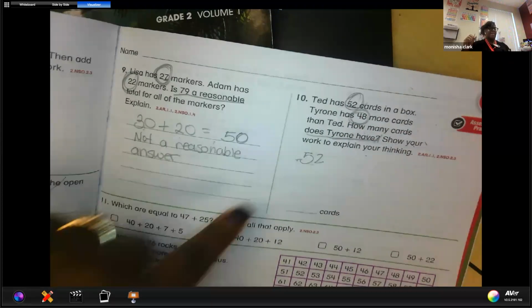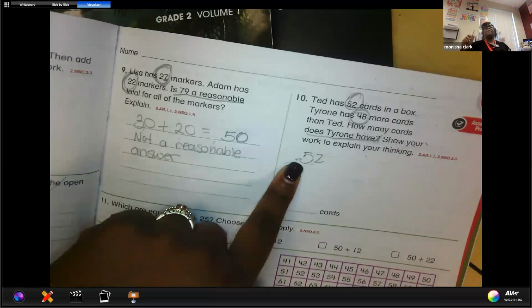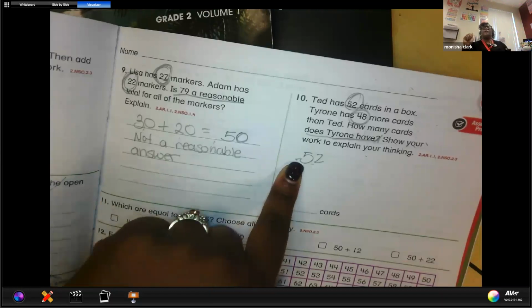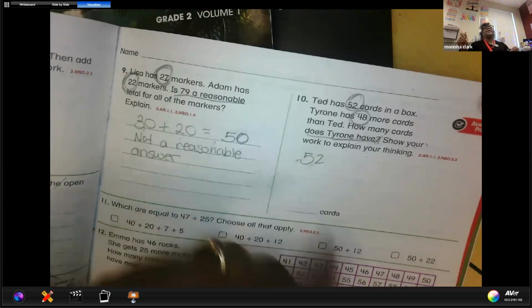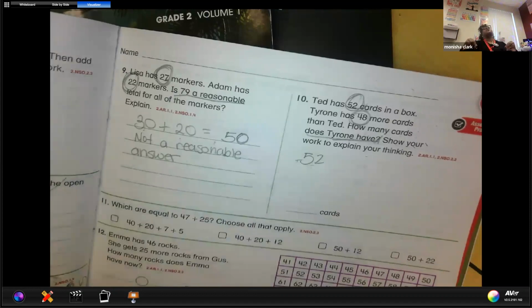If someone says Eden has 10 more bracelets than someone else, does that mean that Eden has more or does Eden have less? Raise your hand if that means Eden has more.